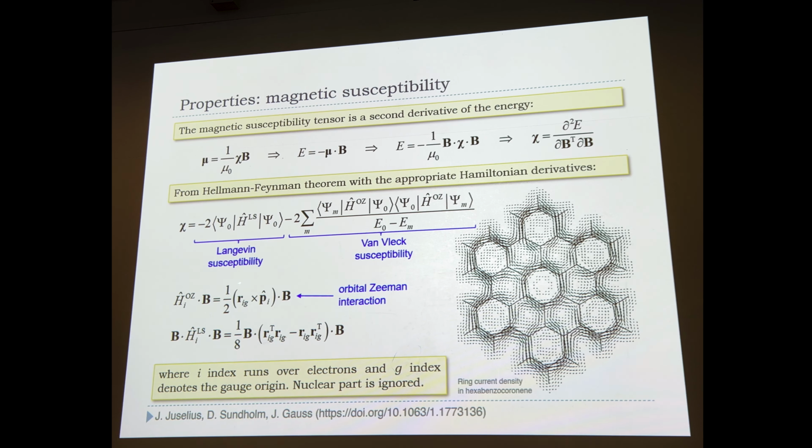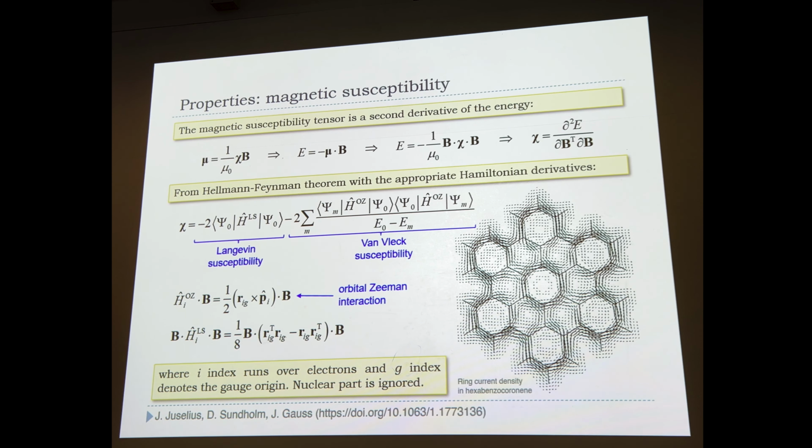You can see the orbital angular momentum interacting with the applied magnetic field, and it appears here, and this sum over all excited states is called van Vleck susceptibility, and that is the computationally expensive thing that is in particular responsible or perhaps caused by, whichever way you look at it, these ring currents in aromatic systems. Of course, they are conductive, and so they would have these ring currents if you put them into a magnetic field. And of course, there's a sum over all electrons in this case, and a sum over all excitations.